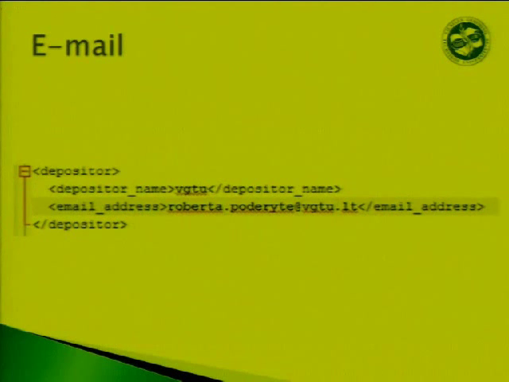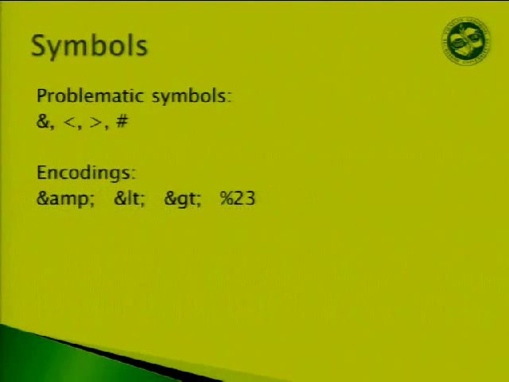It is important to write your email, because after depositing, you will receive a message, as you heard before, and it can be an error or it could be successful.